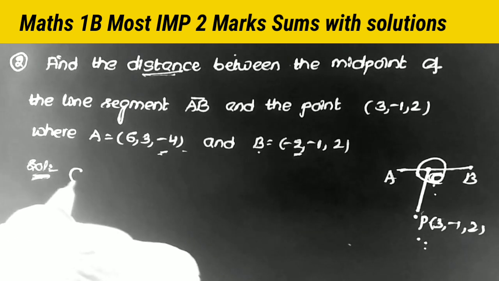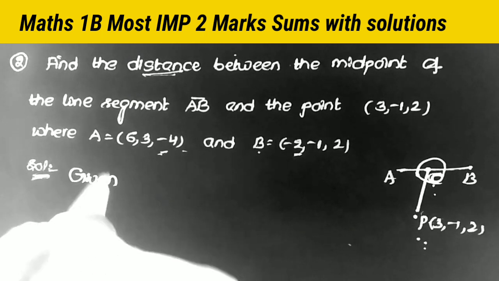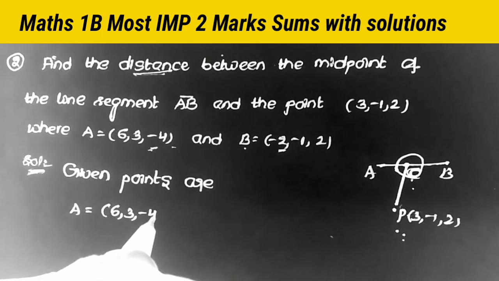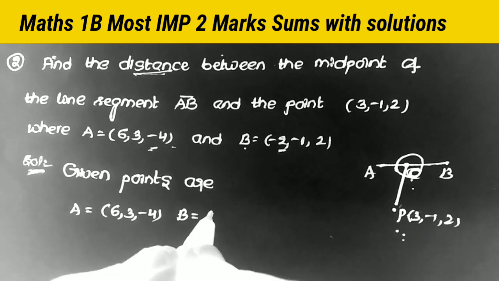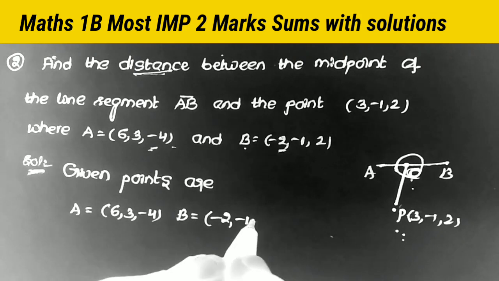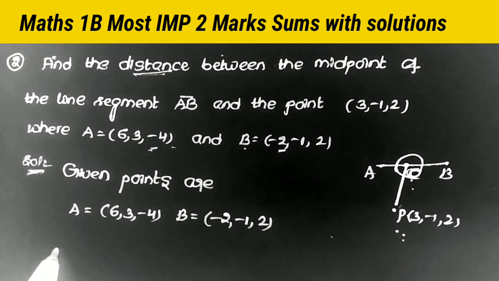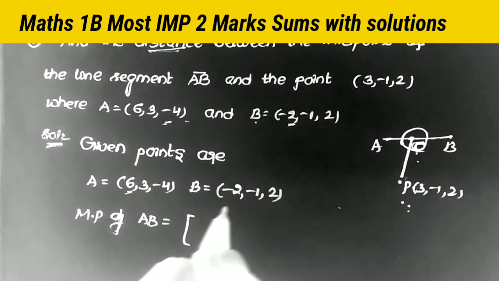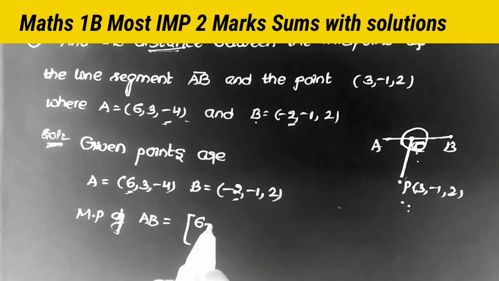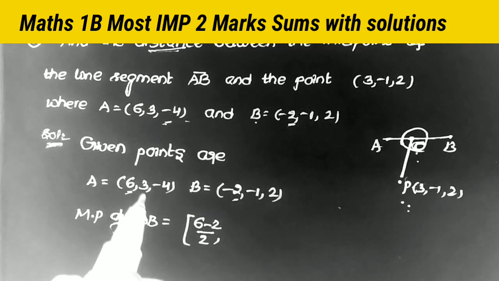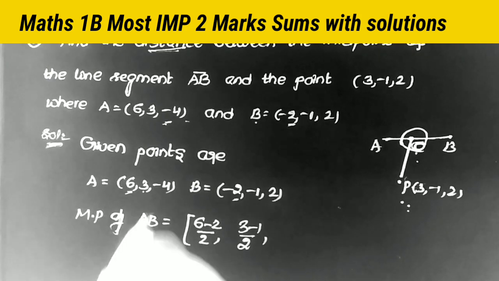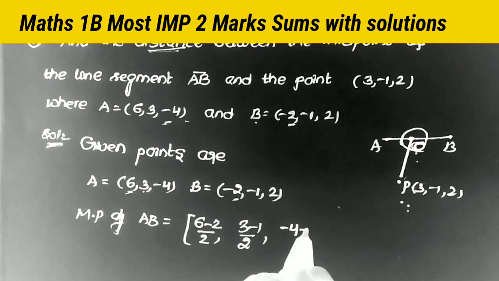So first I write the given points here. Given points are A = (6, 3, -4) and B = (-2, -1, 2). Now the midpoint of AB, what is the formula? (x1 + x2)/2, that is (6 - 2)/2; (y1 + y2)/2, that is (3 - 1)/2; (z1 + z2)/2, that is (-4 + 2)/2.